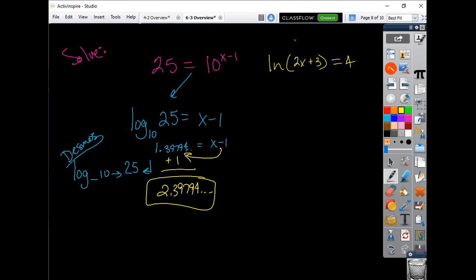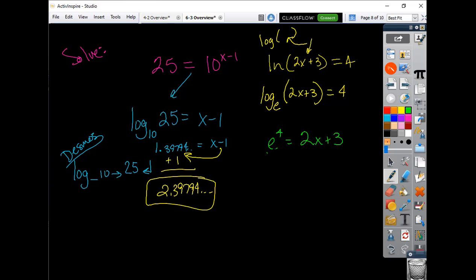For this one, whenever the variable is in here, or it's a log with the variable in there, that's my signal that I need to change the problem back into an exponent problem to solve. So remember, this is log base e. To solve that one, I'm going to do my base e, my power 4, equals my 2x plus 3. This is calculator work. Look on your calculator for e to the 4. Then what am I going to do?